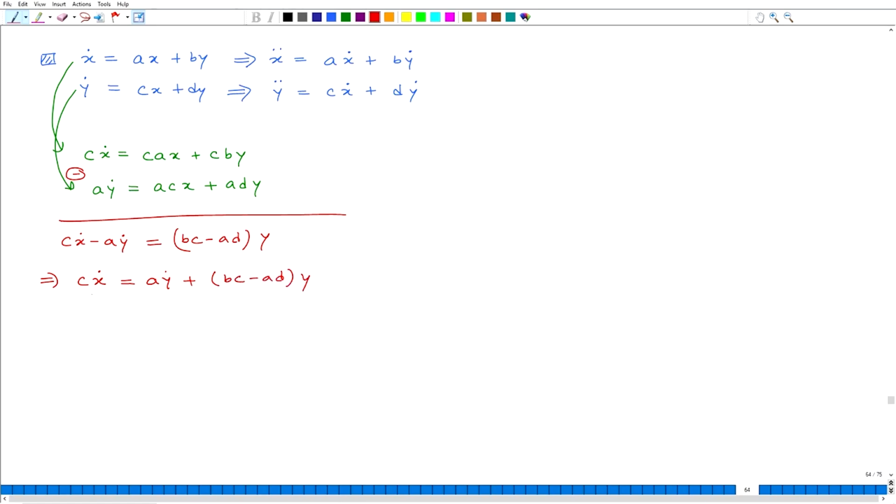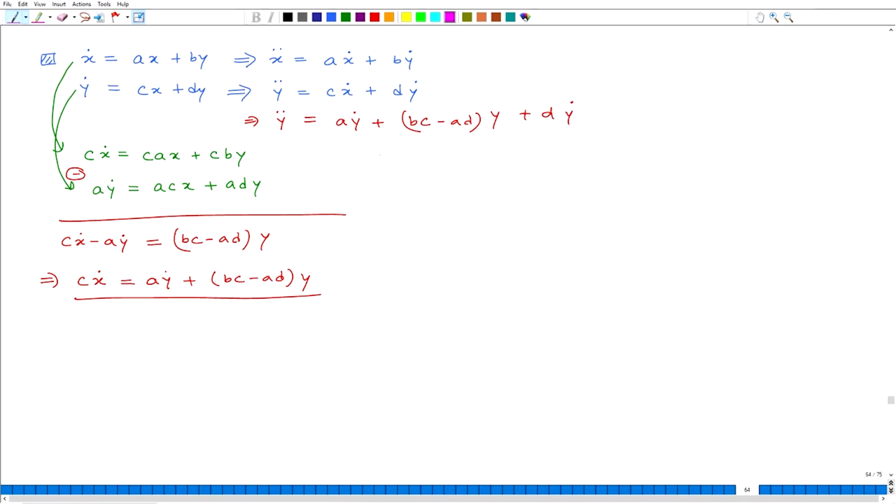Now, you know this expression, and you can put it into the expression for y double dot. So, y double dot will now be equal to ay dot plus bc minus ad times y plus dy dot.